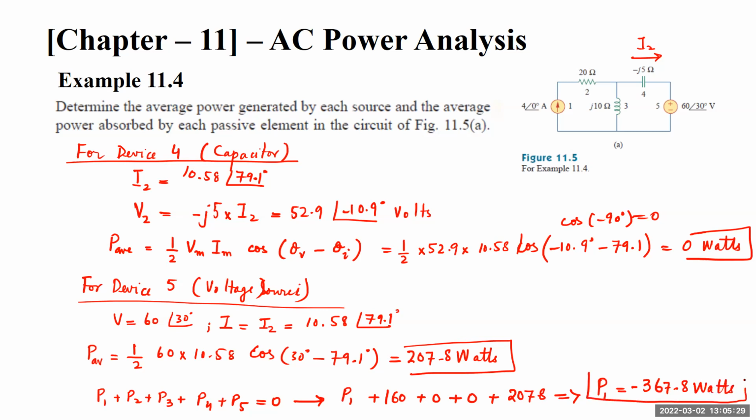Since it is a minus sign, this is the power being supplied by the current source. This is how we find out how much power is being supplied and how much is being absorbed in an AC circuit.